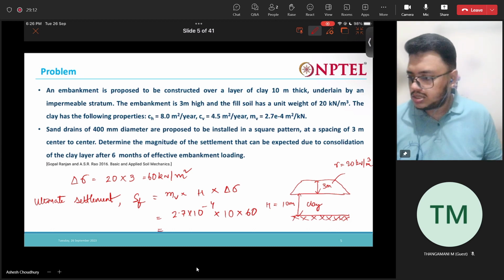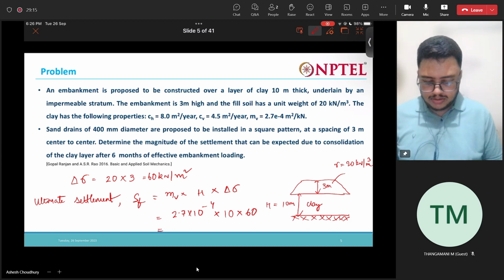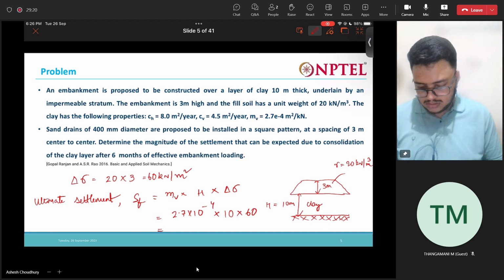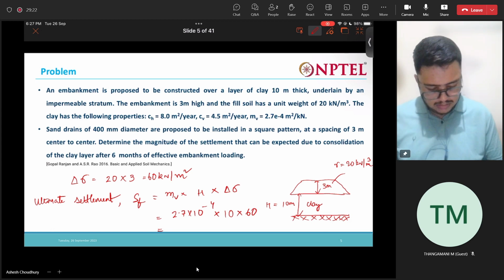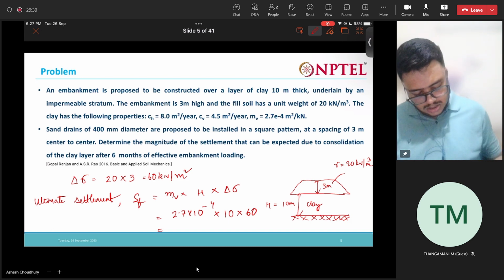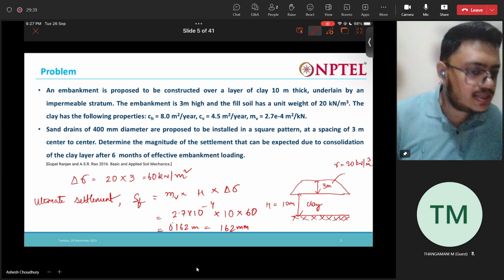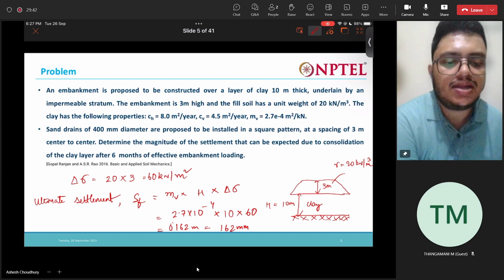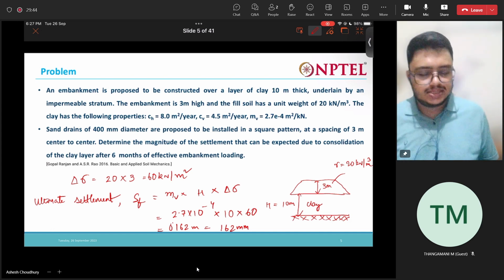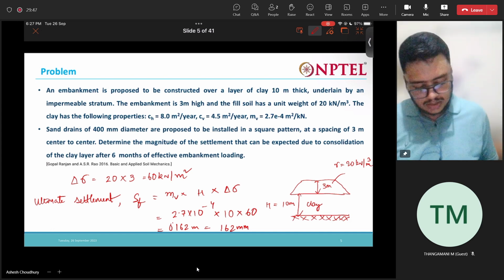So how many meters? That is 0.162 meter, so 162 mm. So this is the ultimate consolidation settlement that this clay layer will actually undergo.